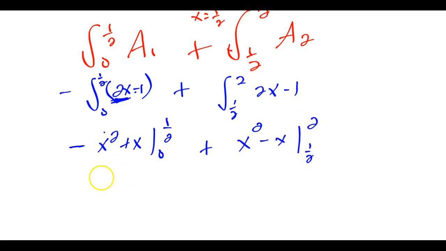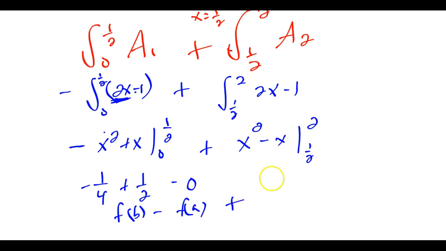So the fundamental theorem of calculus, plugging in a 1/2. 1/2 squared is 1/4 with that negative out front, plus 1/2. Minus, well, this will all be 0. So that's my f of b minus f of a for that first part. And then plus, now let's do the f of 2 minus f of 1/2.